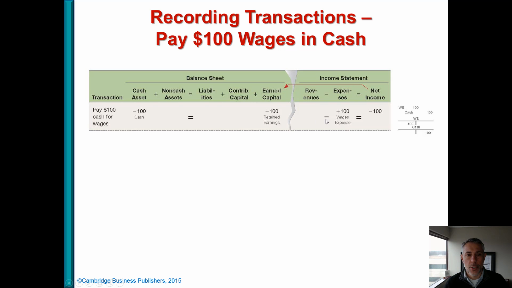Remember your debits and credits. We're going to take cash and we're going to pay wages with it, and that shows up on our financials as a reduction to cash. And if you remember from your accounting class, that shows up right over here with the T accounts.